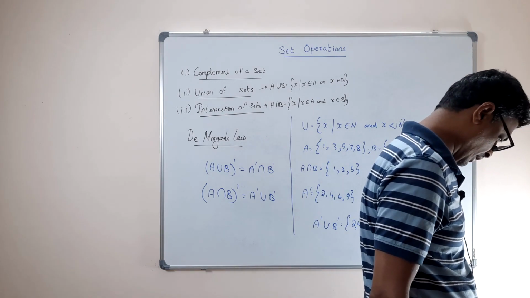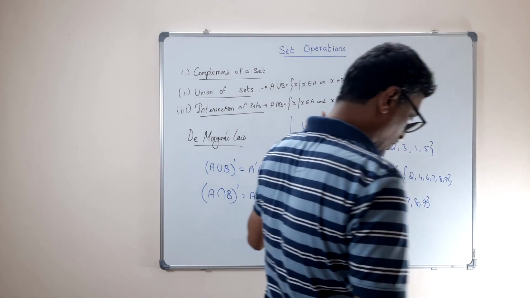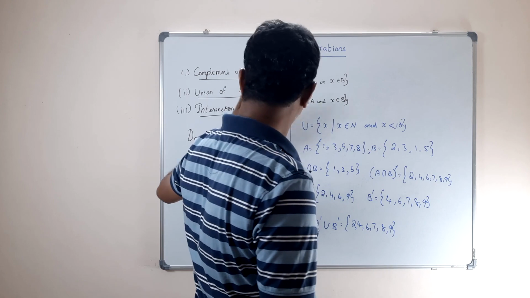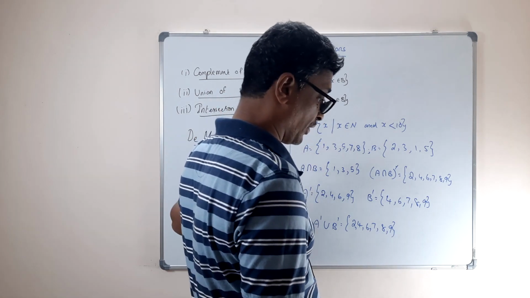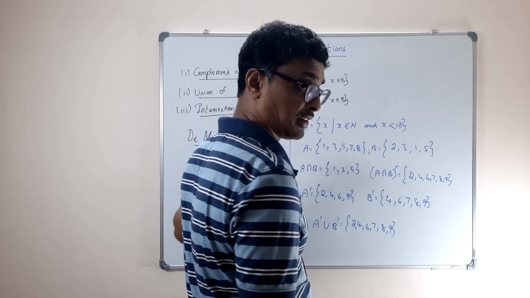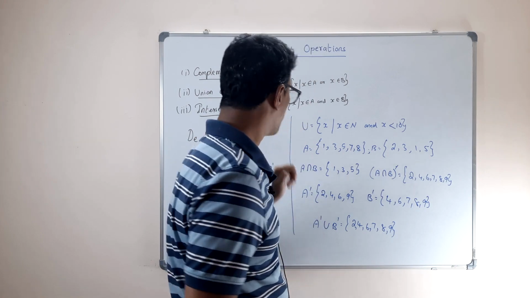So this is interesting. What we saw were the properties: the complement, the union, the intersection. Now the next one is the difference of sets.